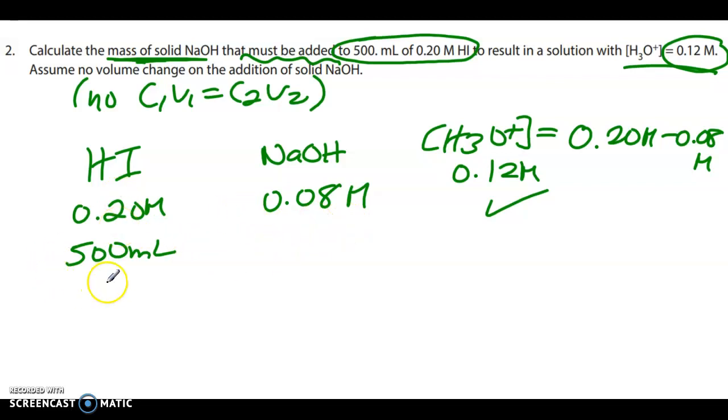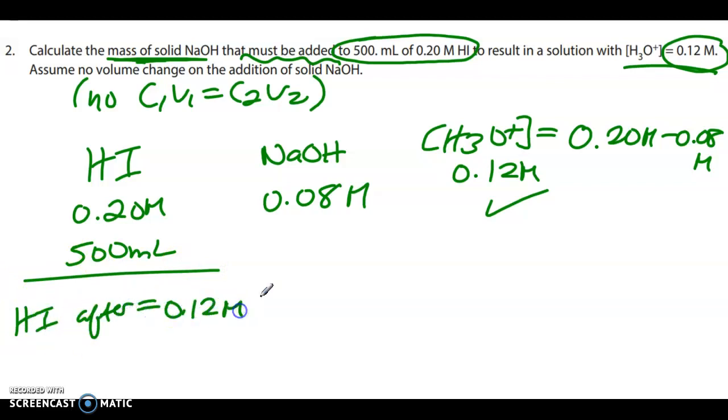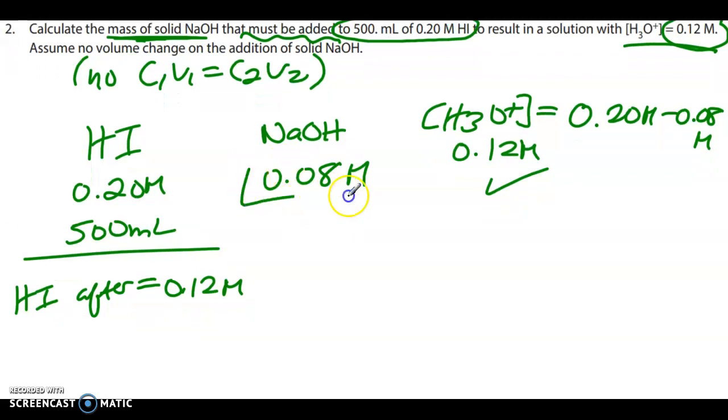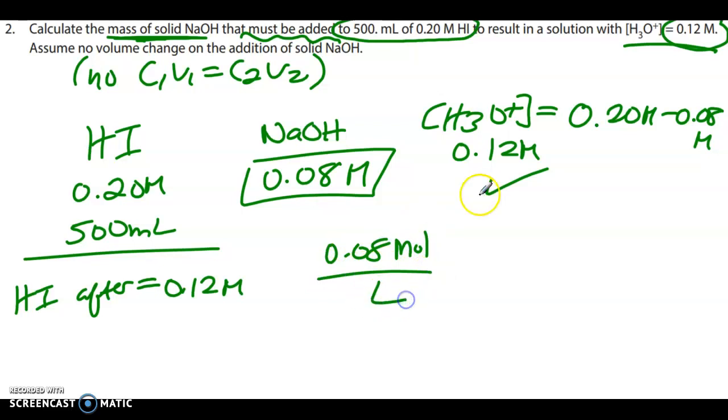So we want, this is initially HI, and the goal was 0.12 moles per liter. So you essentially want to neutralize 0.08 moles per liter worth. Now that we know this, we can determine the mass. I'll write it down in full so we can see this: it's 0.08 moles per liter going into a 0.5 liter solution, and we multiply by the molar mass.